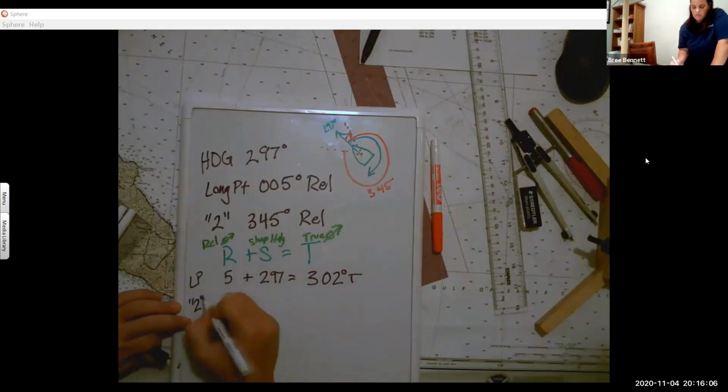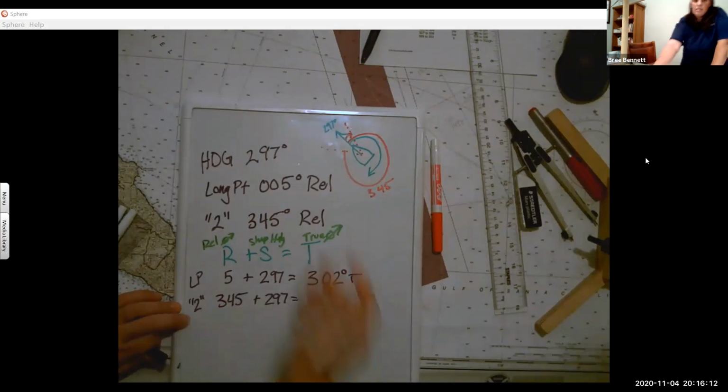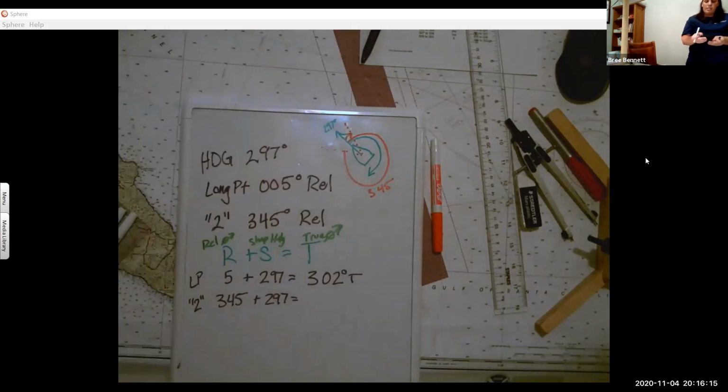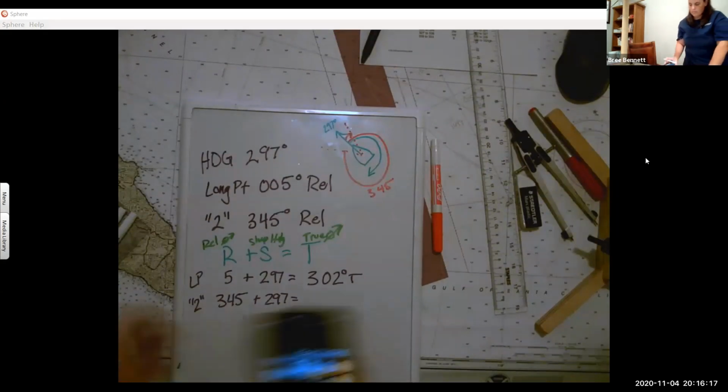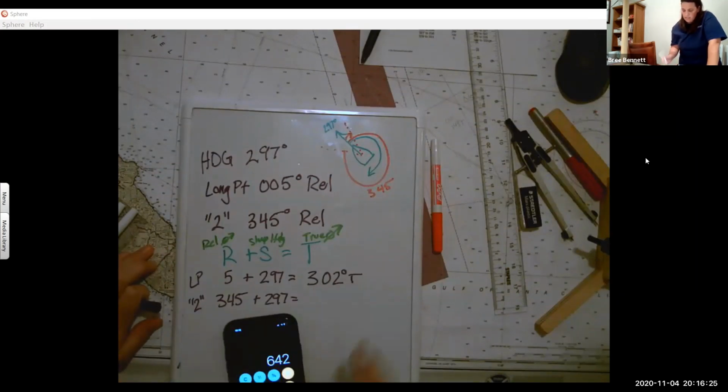Light number 2 is 345 plus 297. It's going to give me a very large number: 642. So on my boat, here's my true 0.